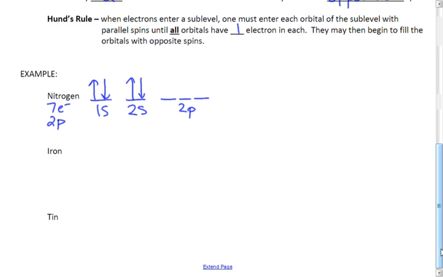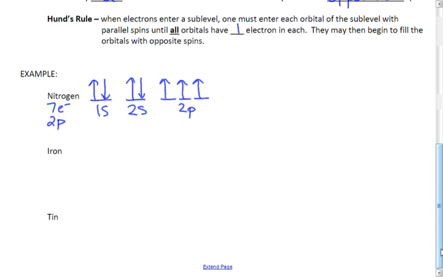Each arrow is an electron. I've put 4. How many more do I need? 3 more. So Hund's rule tells us we're going to put 1 in each orbital until we run out of space, and then we go back to the beginning if we need to put a second one. So we're going to have 1, 2, 3. If I needed a 4th one, I'd go back and put a down arrow in that first little orbital.